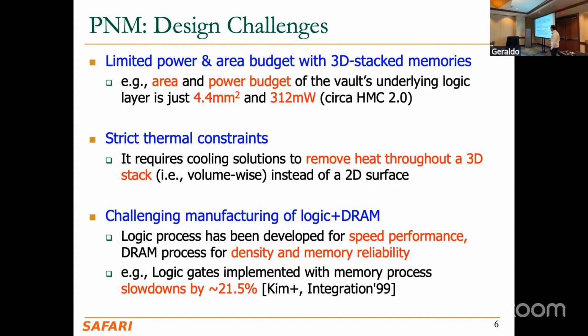Even though this paper is old, when I illustrate some of those processing near memory architectures that are commercially available right now, you're going to see they usually run at megahertz frequencies, whereas your out-of-memory processor can run at gigahertz. And this is just a direct result of this challenge of manufacturing logic using the DRAM manufacturing process.